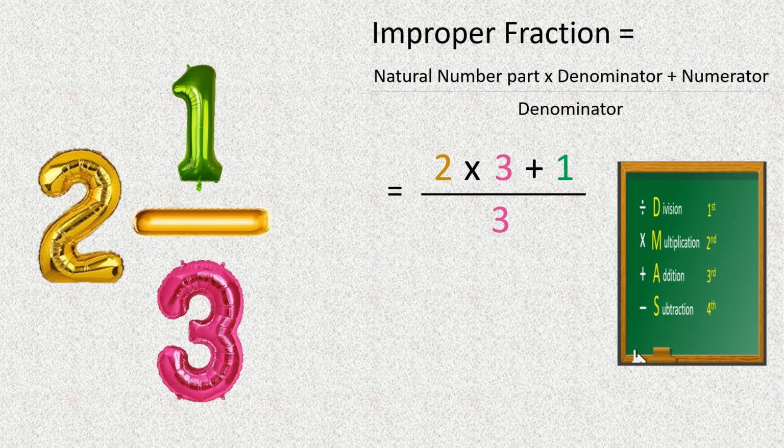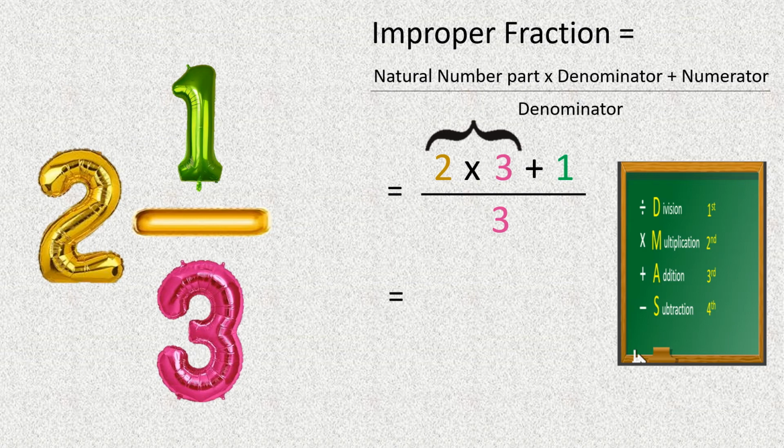But in this question, we have only multiplication and addition. So what will we do first? Multiplication or addition? Yes, multiplication. Remember, if you break the rule of DMAS and do addition first instead of multiplication, you will always get the wrong answer.